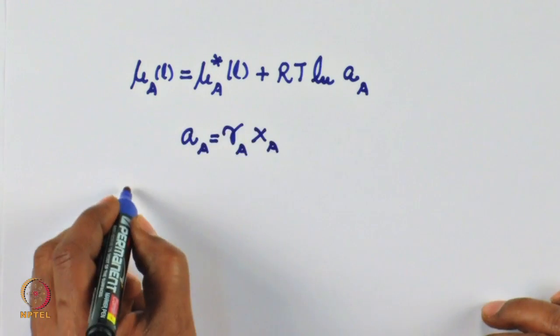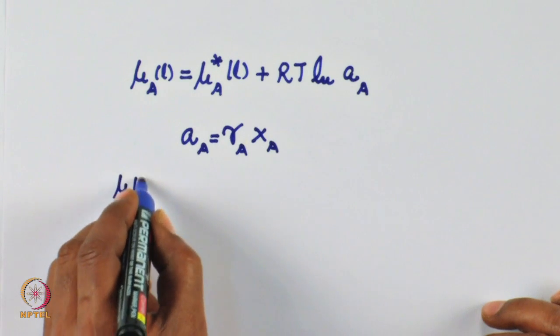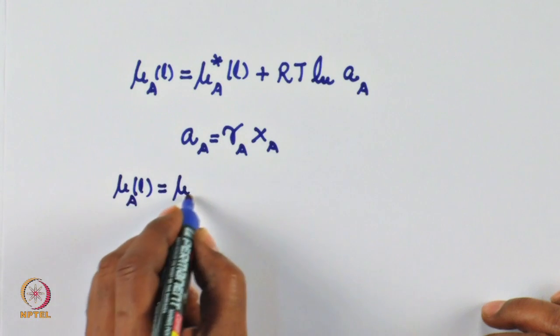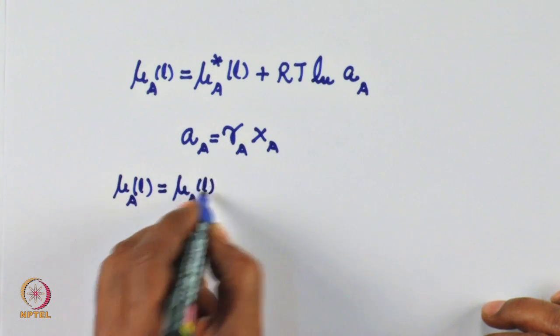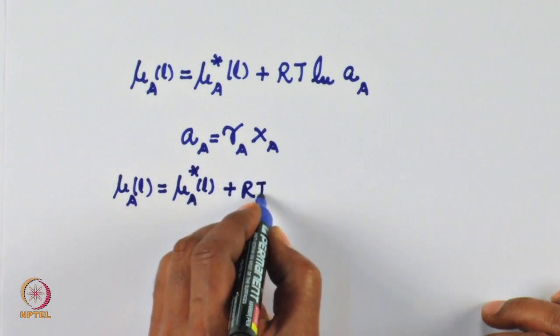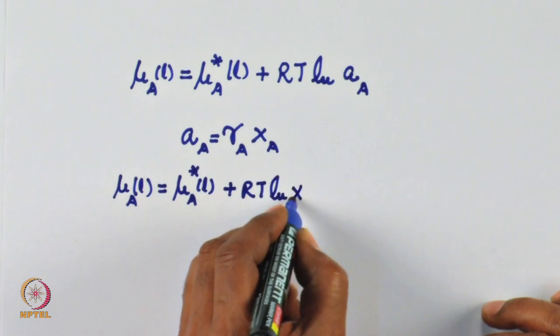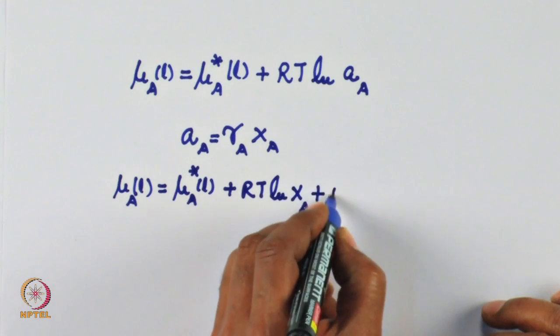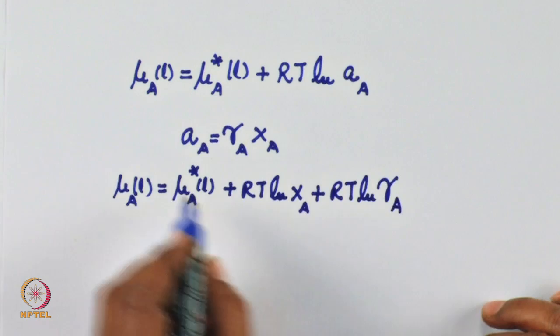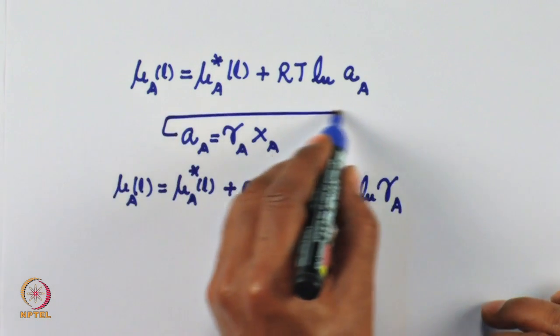Now, if you substitute over here, what I get is mu A liquid is equal to mu A liquid star plus RT log x A plus RT log gamma A.